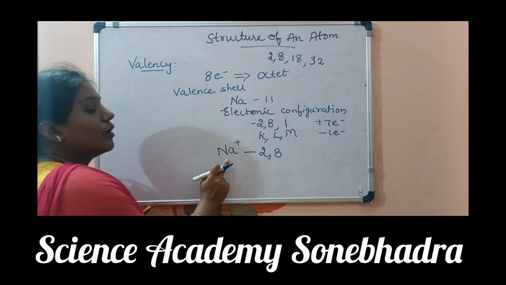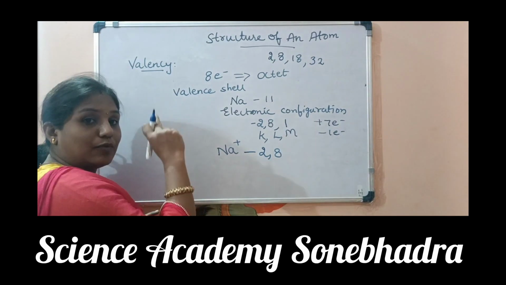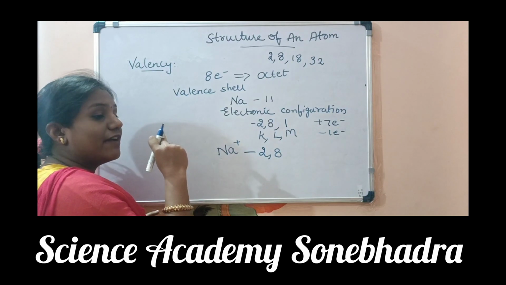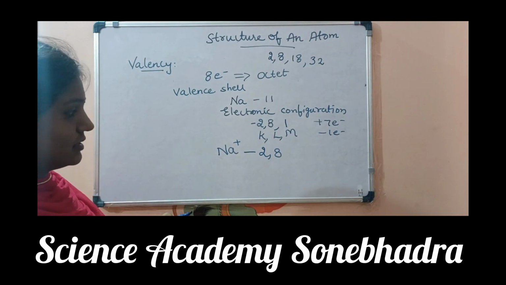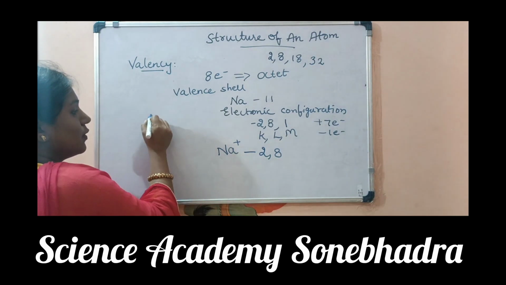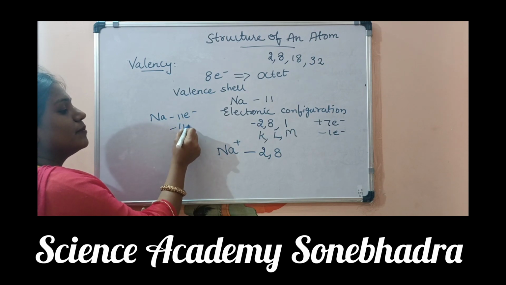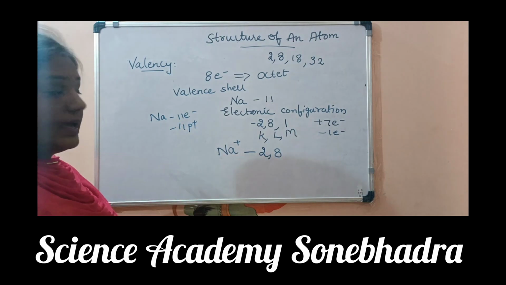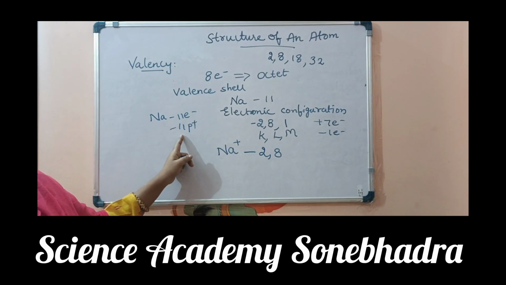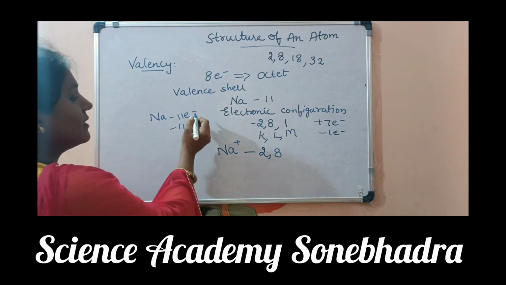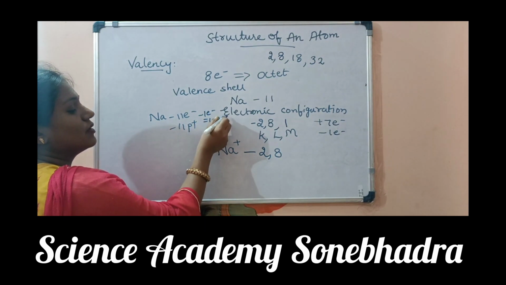Now how did it get the Na+ charge? Why did it get a plus charge? In Bohr's model we have seen that every element has an equal number of electrons and protons. That means sodium has 11 electrons and 11 protons. Any element can donate an electron but not a proton. As it has given 1 electron, it is now left with 10 electrons.